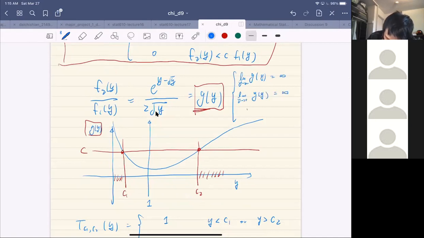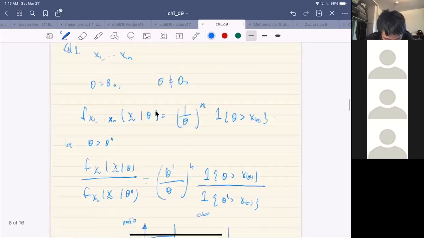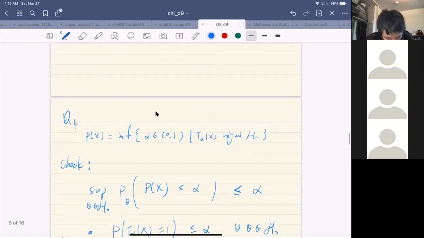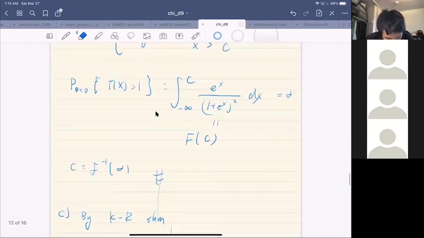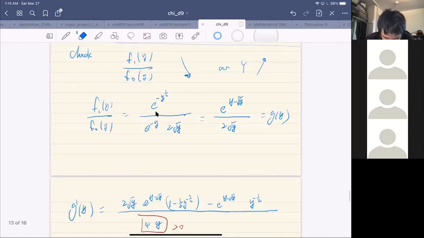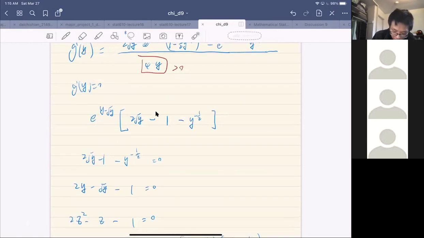And we find the first order derivative of G(y). You can figure out that G'(y) is zero at one point. Okay, that is the derivative of G(y).